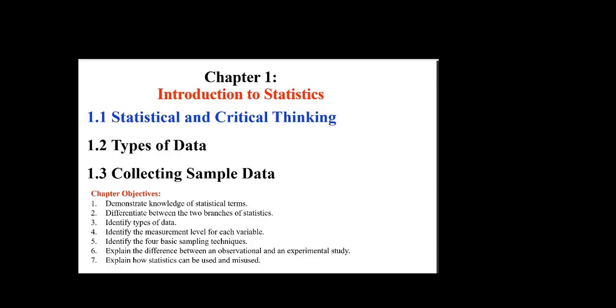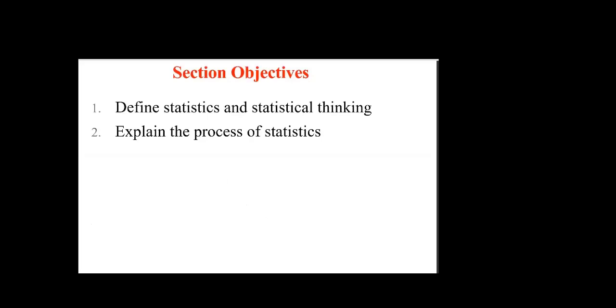We're going to differentiate between different branches of statistics and identify types of data, measurement levels, the sampling techniques, and the difference between the observational and experimental study, and that's it. So the section covers basically statistics and statistical thinking, and it explains the process of statistics.